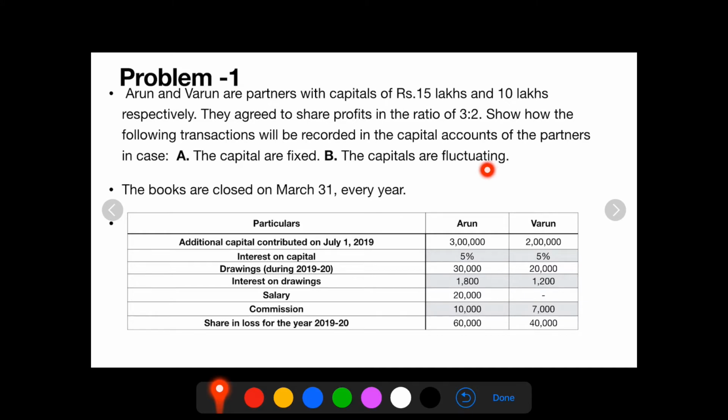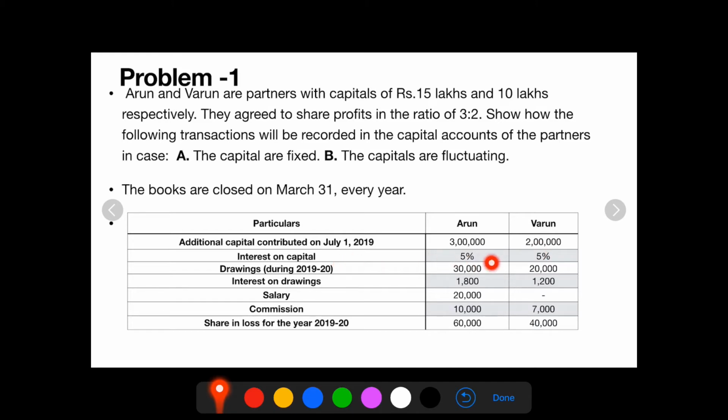So we have just discussed that partners accounts can be maintained under two methods. One is under fixed method, another one is under the fluctuating method. Further, the books are closed on 31st March every year. Let's look into some additional information. Additional capital contributed on July 1, 2019, 3 lakh and 2 lakh.